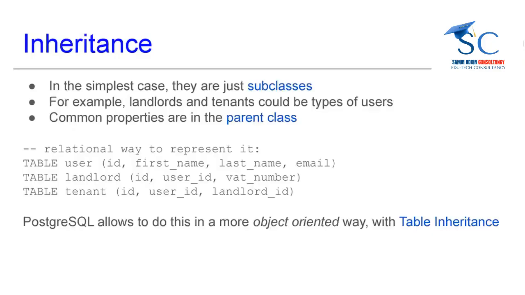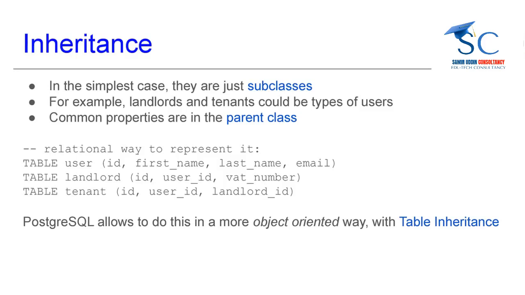So what to do in this case? Well, you can use inheritance. So in the simplest case, all these types are just subclasses of the same thing. For example, landlords and tenants could be types of users.